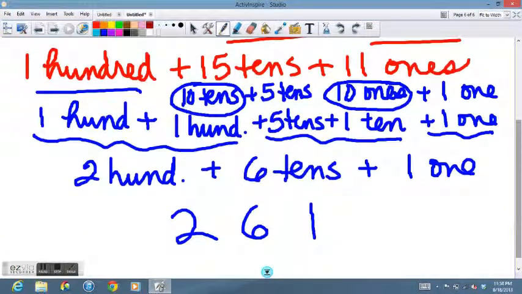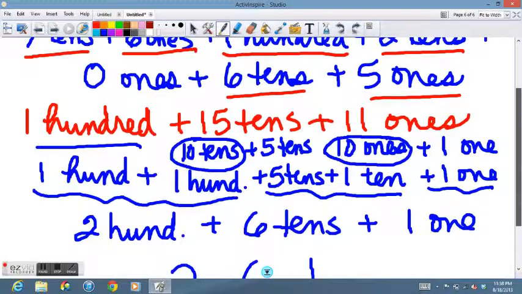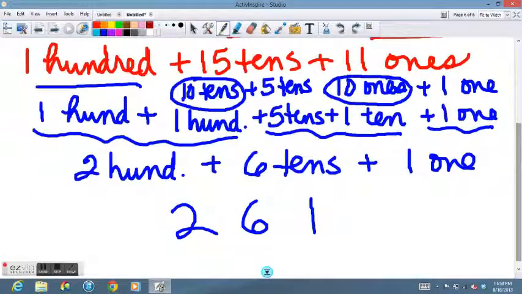Okay, so what we've noticed here is that place value is very important for us to understand. We also have talked about how when you're adding, if everything is addition, that you can move numbers around into any order that you want. Okay, in other words, order doesn't matter.